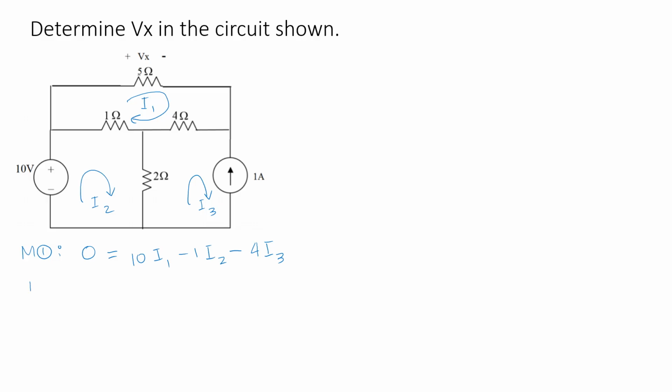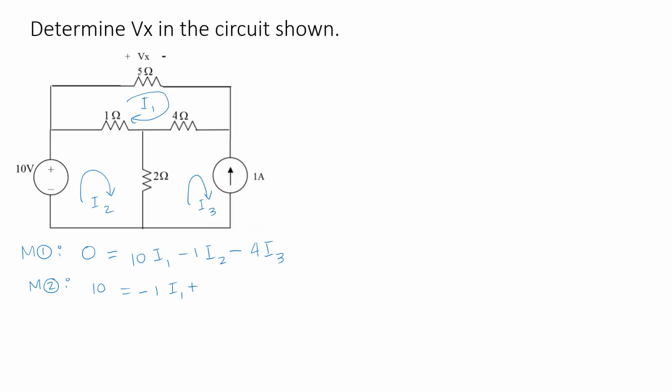Next, we go to mesh 2. At mesh 2, there is a voltage source, which is 10. And we have positive 10 because we're using clockwise, and 10 is a voltage rise. We are now at the right side of the equation where we have again the common resistance between meshes 1 and 2, which is 1 ohm, so we have negative 1 times I1.